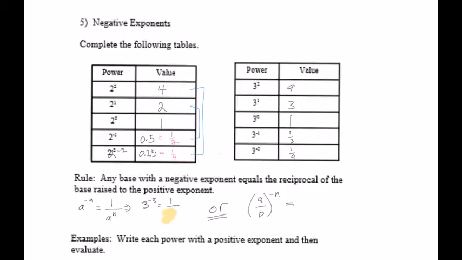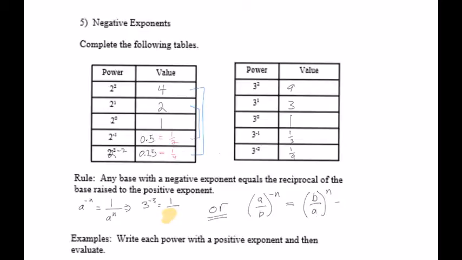Essentially, this is what I call the flip rule. I take the fraction and I flip it, and then by doing so, that removes my negative exponent. Remember, we flip the fraction and then remove the negative.